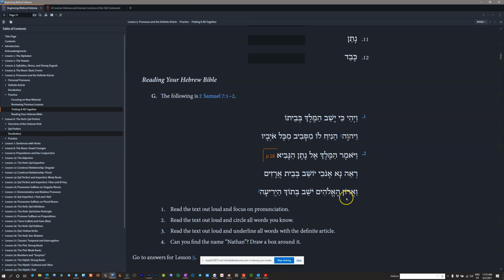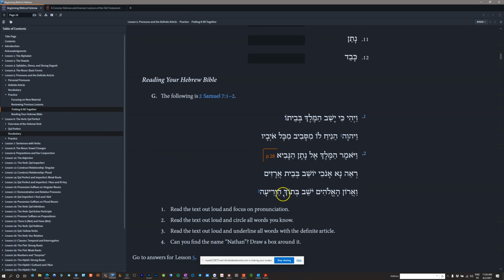All right, and then the ark of God dwells in the midst of, and here we're going to look up this word. So again, the first thing I notice here is the Hey Patach, and our footnote tells us that when the definite article is added to a word beginning with a Yod Shavah, the strong dagesh is not added.